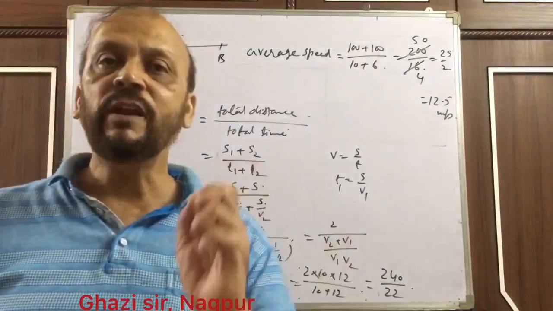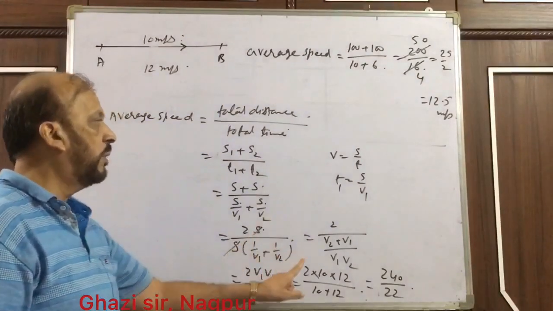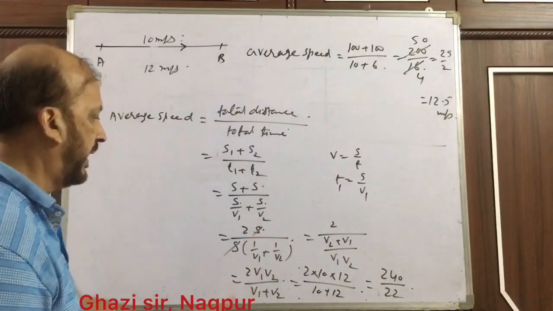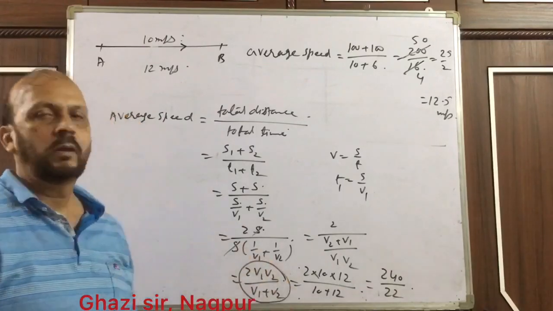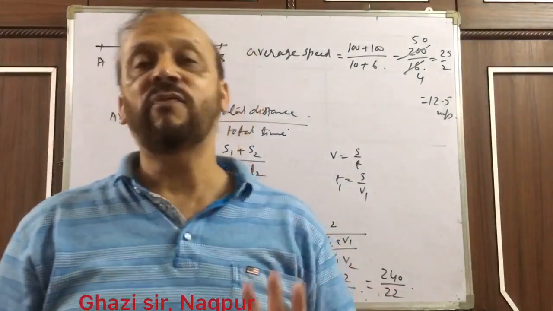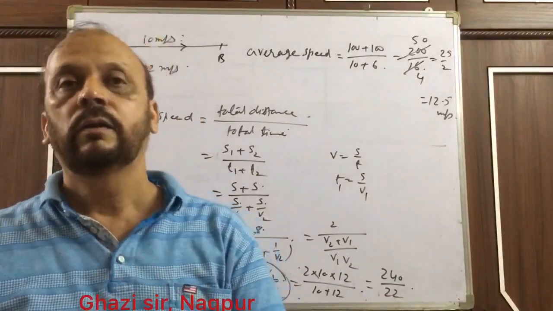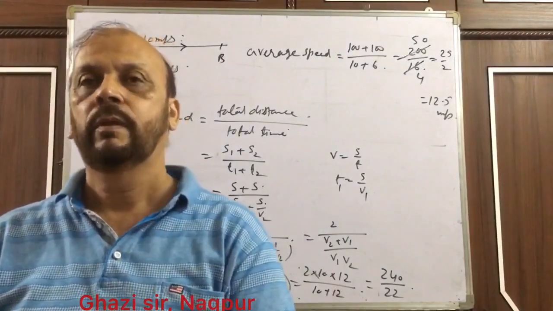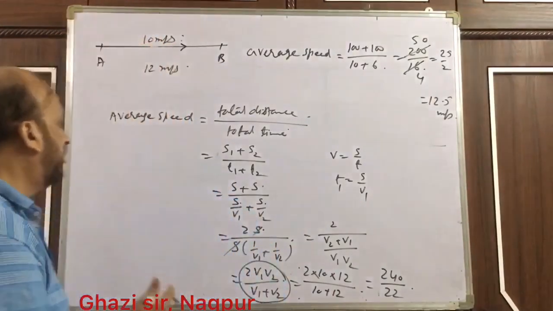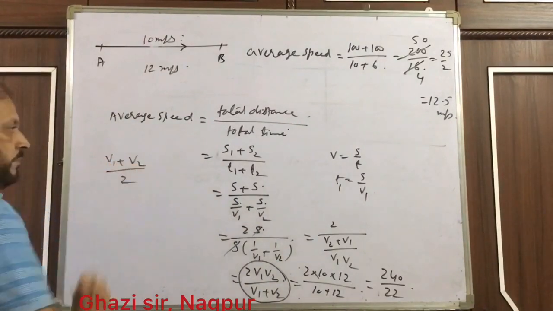So average speed, if distances are equal, then we can apply the formula 2V1 V2 upon V1 plus V2. This is the formula. But suppose distances are different, but the time is the same, then we will apply the formula of average, V1 plus V2 upon 2.